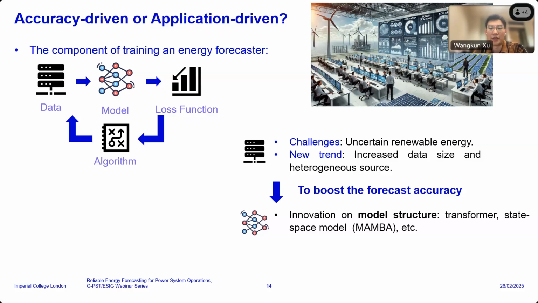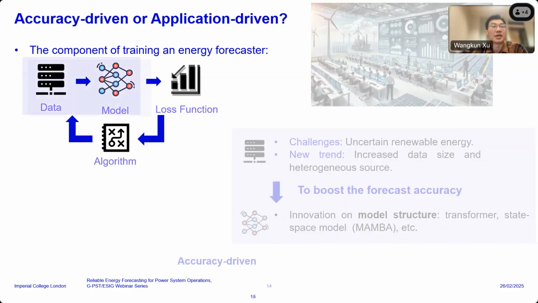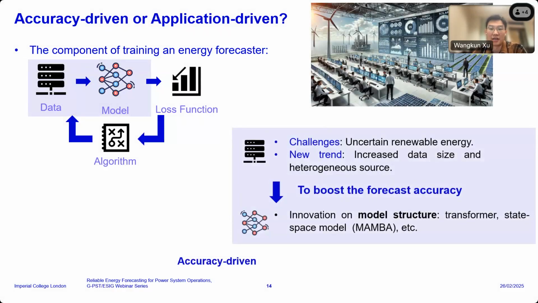Therefore, to improve the forecast accuracy, practitioners mainly focus on building more dedicated and more complex forecast model structures, such as the state-of-the-art transformer models and state space models. Because the main target of this type of forecast is to maximize the forecast accuracy, in this presentation, it is referred to as an accuracy-driven forecast.